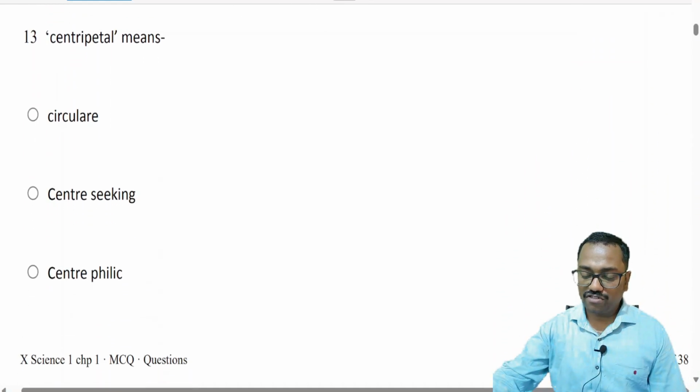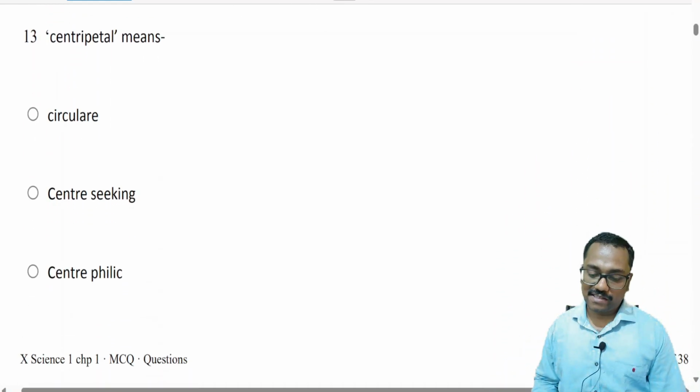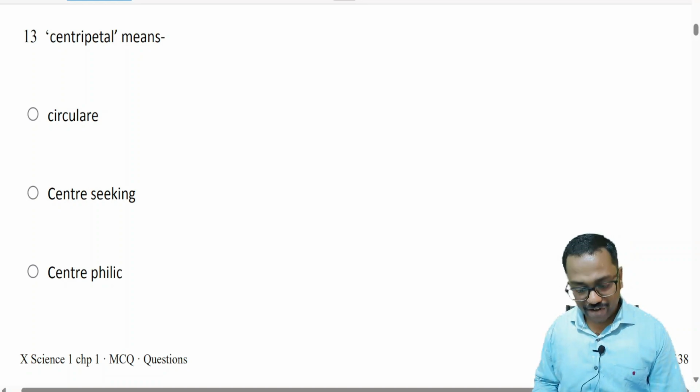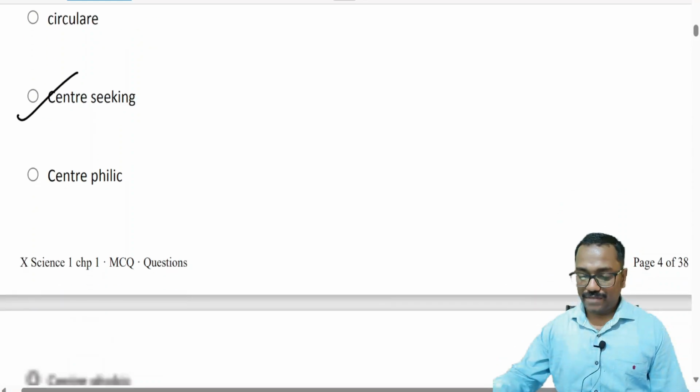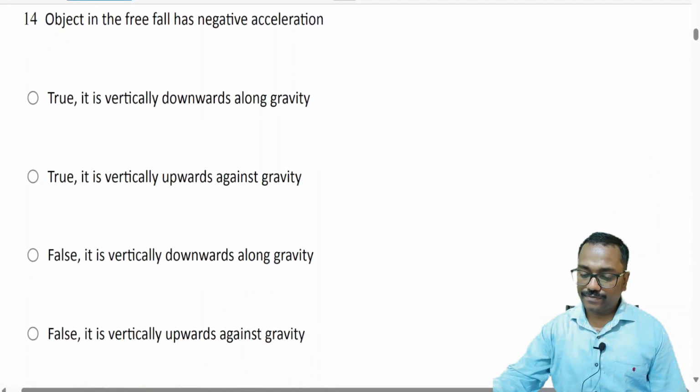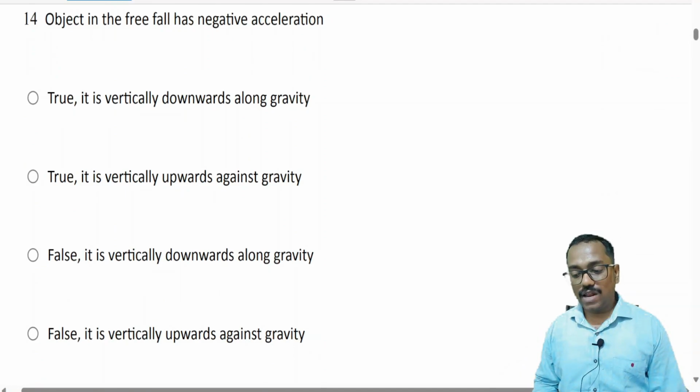Now question number 13. Centripetal means option 1 circular, center seeking, centrifugal. So its answer is center seeking. Next, 14th question. Object in the free fall has a negative acceleration.